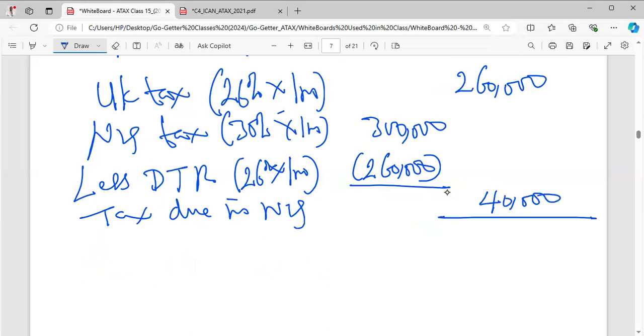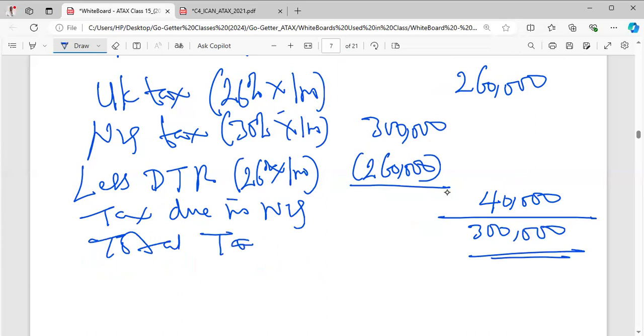Total tax should be 300,000. So total tax due is 300,000. Now, can we look at some of the features now? The total tax that this company will pay.